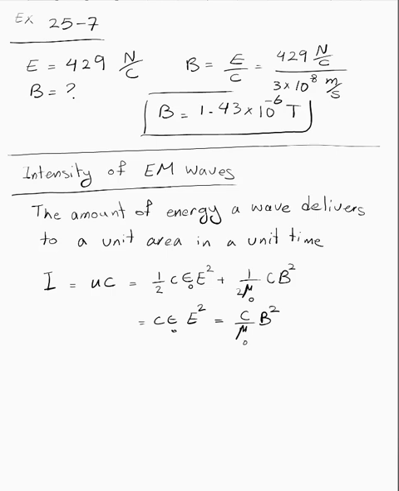Notice this: as before, to calculate an average intensity, we must replace E and B with their RMS value. So always remember that for the average value, we're going to put the RMS values of electric field and magnetic field.